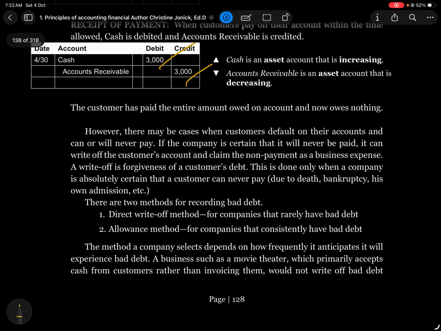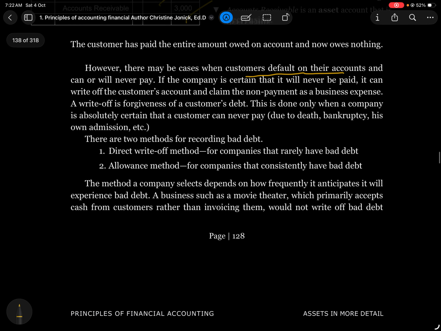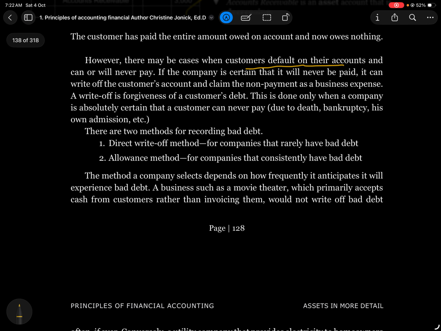However, if the customer defaulted, there could be two methods of recording bad debt. It could be the direct write-off method, which companies normally don't do, or there could be the allowance method.